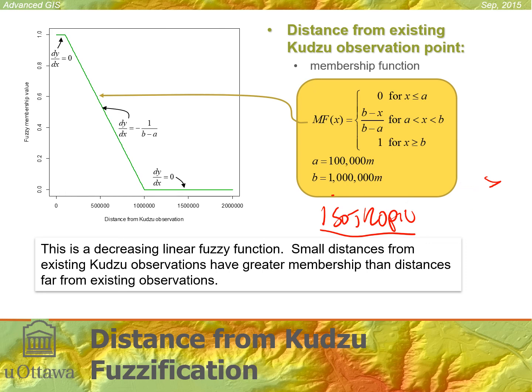So there's all kinds of possibilities like that you could think of. But we're looking at isotropic processes, so we have the same effects in all directions with distance. So this then fuzzifies distance from Kudzu into a fuzzy membership value for Kudzu.